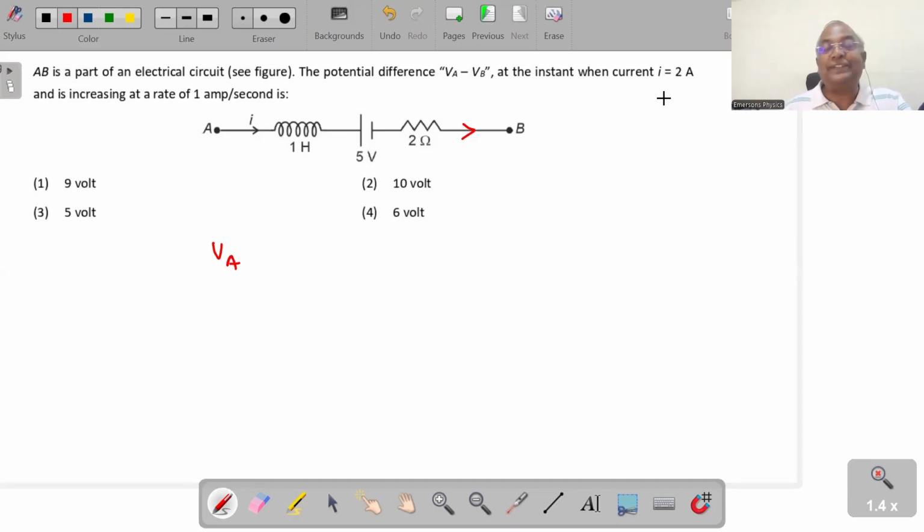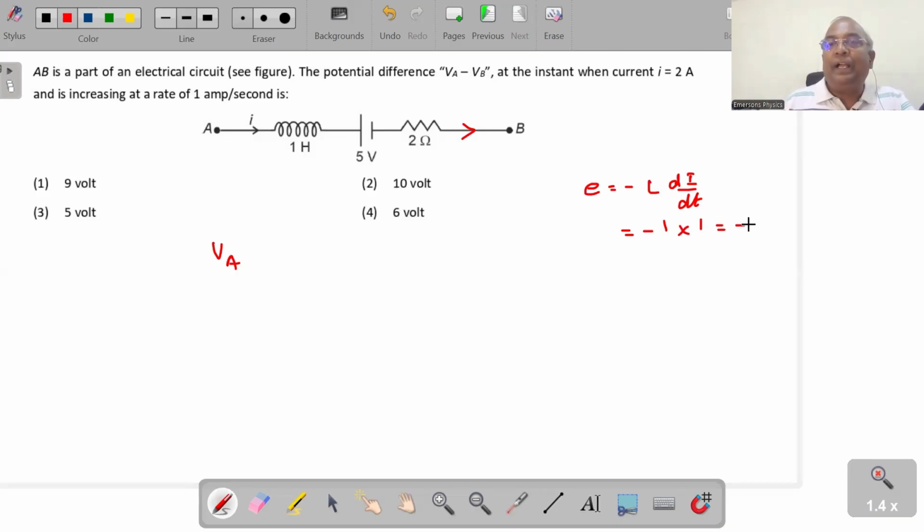We are going to apply Kirchhoff's second law. Here I into R, and there is an inductance where the current changes at a rate of, we know the formula, EMF induced is minus L into di by dt. Understand this well. So minus L, which is 1 henry, di by dt is given as 1 ampere per second.